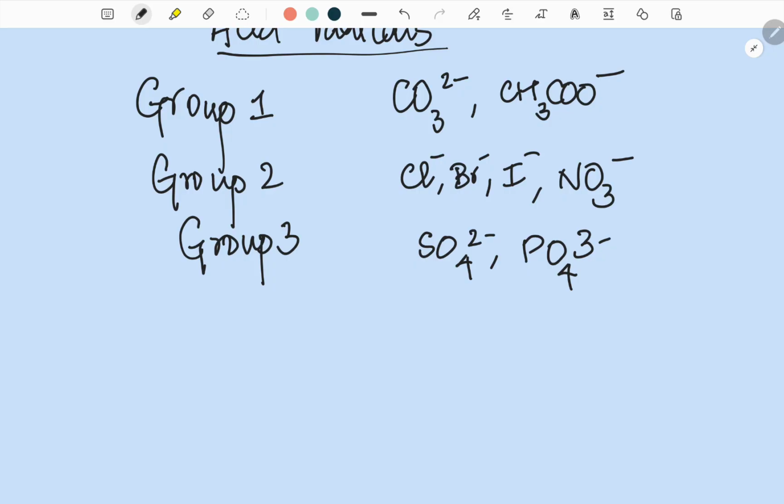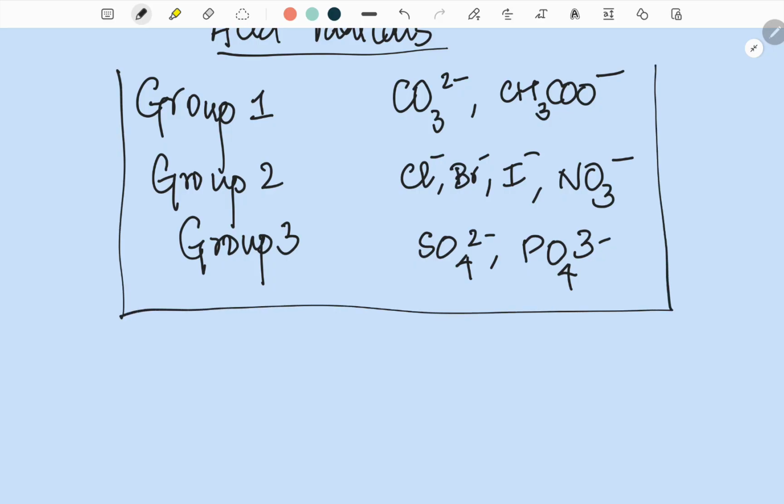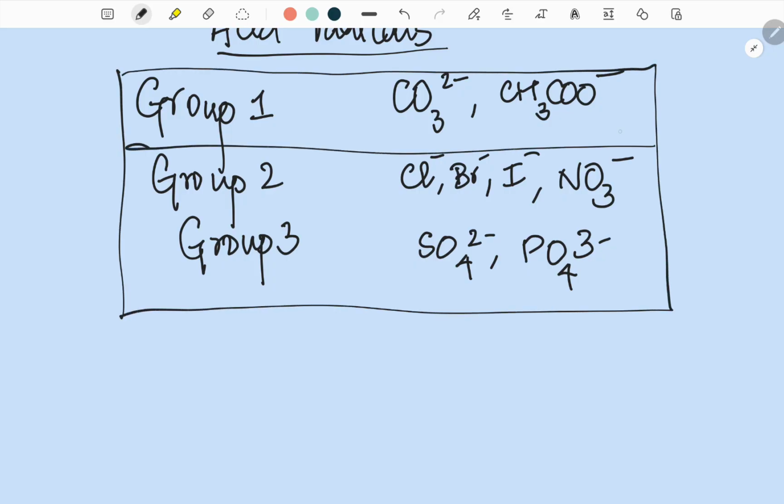So, this is the order in which we are going to identify the ions. So we need to perform the tests for all these ions until we reach a positive test for one of the reactions. Basically all the ions react with a certain chemical, and you need to get a specific observation.